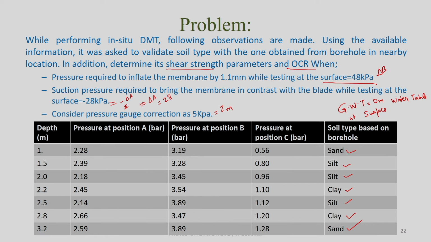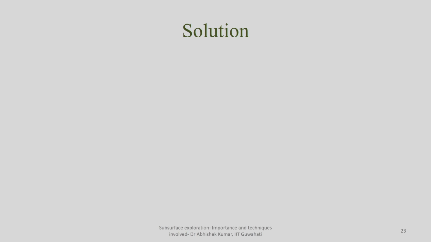Let us see how we proceed to solve this numerical. So the solution is what is given here. You have been given the value of delta A equals 28 kPa. You can call it in bars because other values are given in bars, so 0.28 bar.